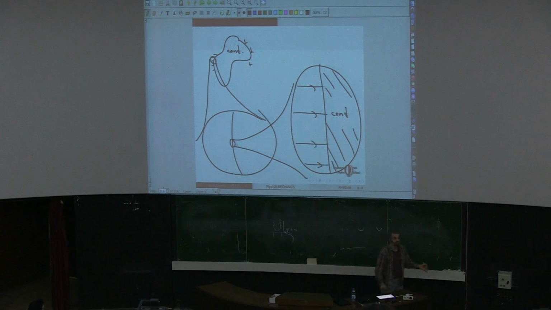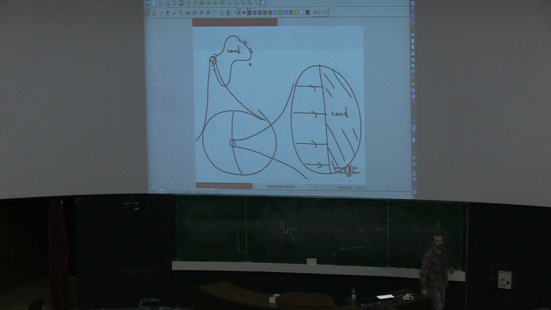Since I'm very, very close to the surface, they should start perpendicular to the surface, and they didn't yet have time to diverge, to change their direction. So within what we see over here, the electric field lines are perpendicular to the surface. They are parallel to each other.